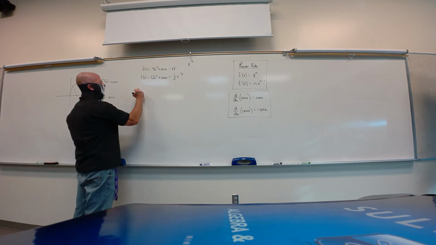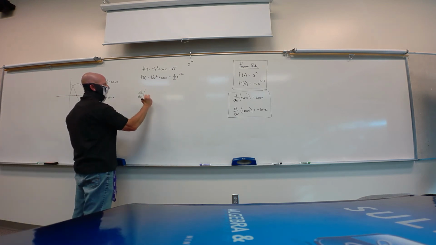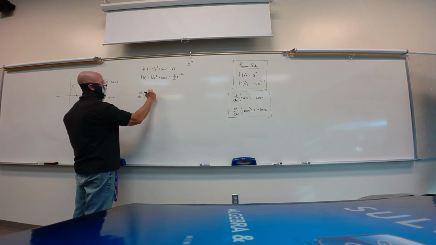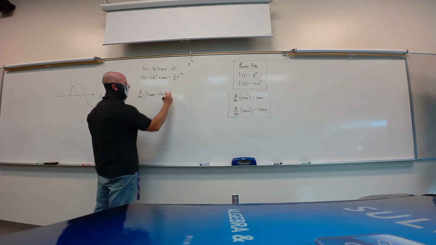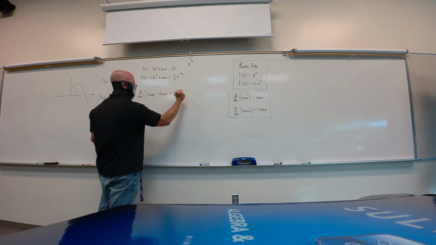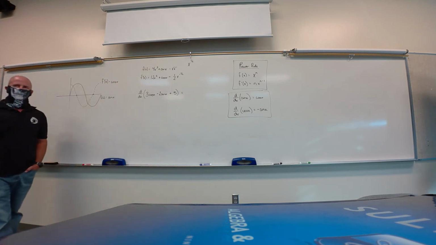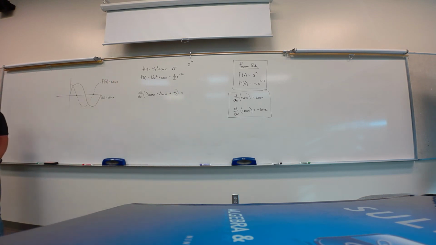How about the derivative with respect to x of 3 cosine x minus 2 sine x plus 5. Now I'm taking the derivative with respect to x, so on that first term, the cosine x is what I'm worried about. I don't care about the 3. The 3 is not going anywhere, but that's just a coefficient. So what was the derivative of just a plain cosine x?